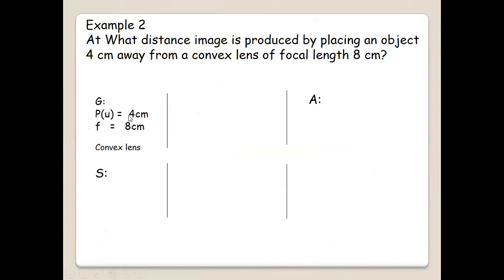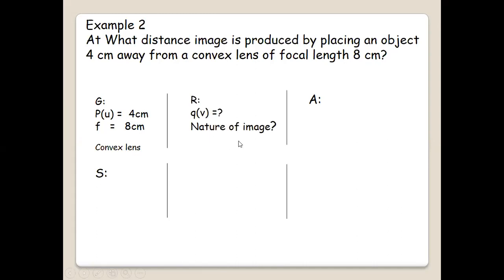Now again, object distance is 4 and focal length is 8, and it is a convex lens. So that always gives us real images, but let's see what happens in this case. Since focal length is 8 and object distance is 4, it means the object is located within the focal length.